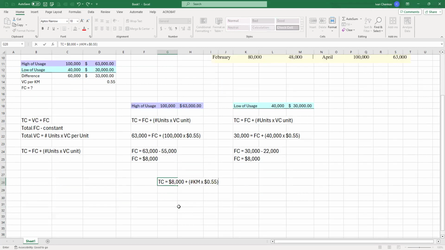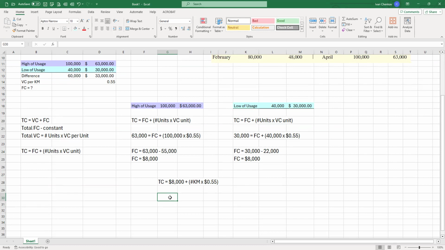So when the manager comes, or the supervisor, or the CFO comes and says, hey, can you tell me what my total cost will be next month? You have to ask only one question: tell me how many kilometers you're going to use the vehicle, and I can tell you how much the cost will be.